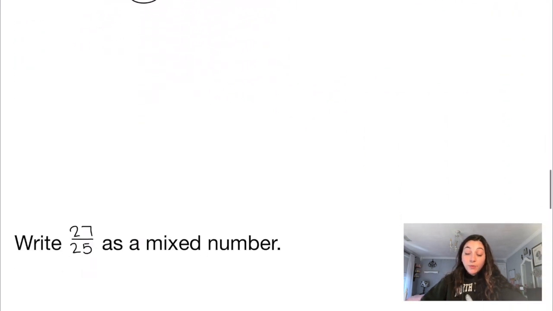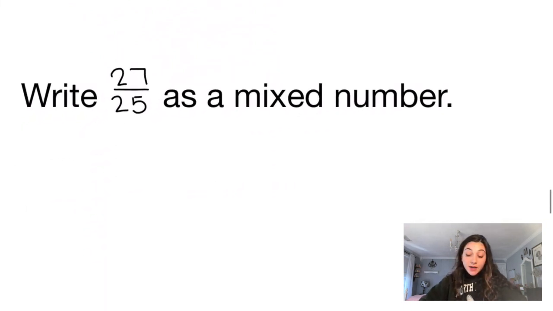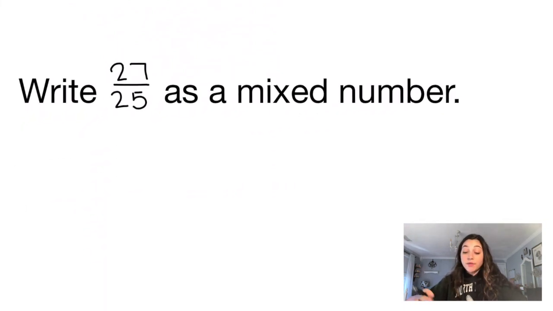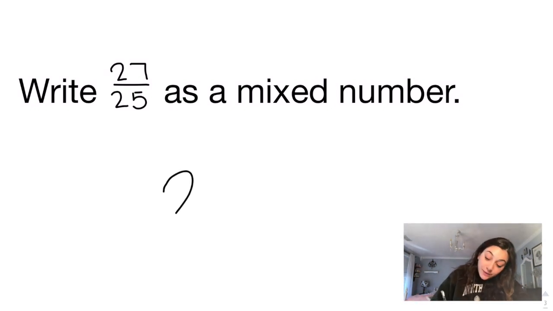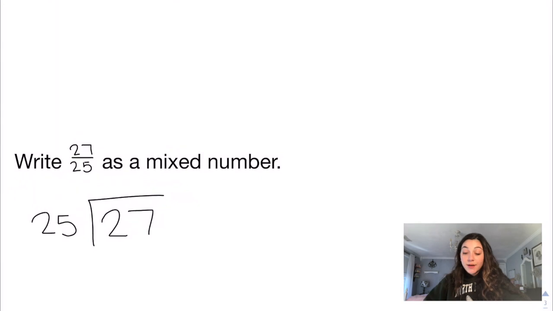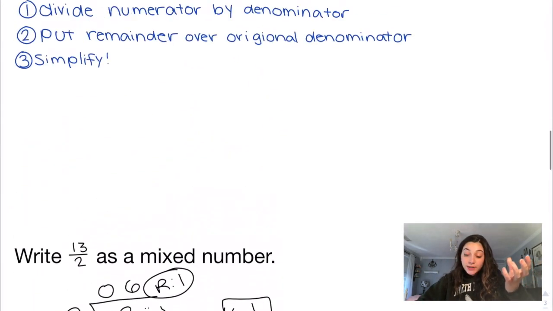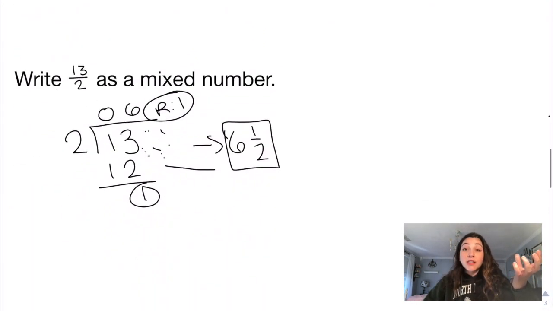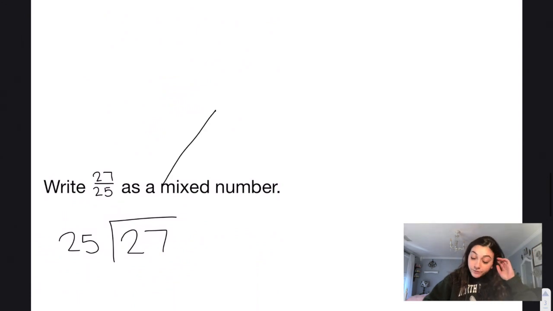So now we're going to do one more example of this, and that is write 27 over 25 as a mixed number. So we are going to do 27 divided by 25, step 1, which is back up here, we are dividing the numerator by the denominator.